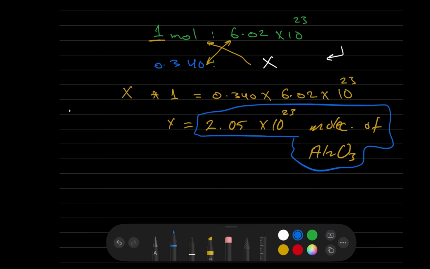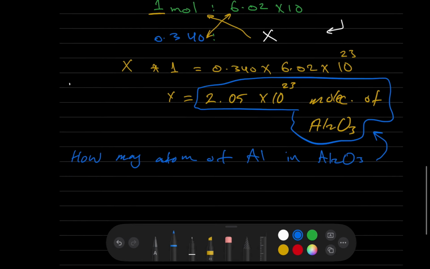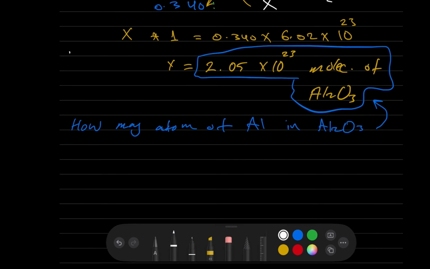If I want to make an extra step and ask you how many atoms of Al are in the Al2O3 that is given to me here, I just want to make another branch for this question. There is a rule: if you look at Al2O3, each one molecule of Al2O3 contains 2 aluminum atoms.